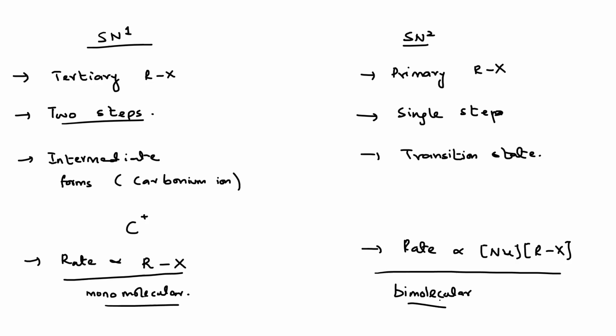So now we'll start with the SN1 reaction. What's an SN1 reaction? First thing is it has to be a tertiary alkyl halide. So let's say we have an alkyl halide, something like this.